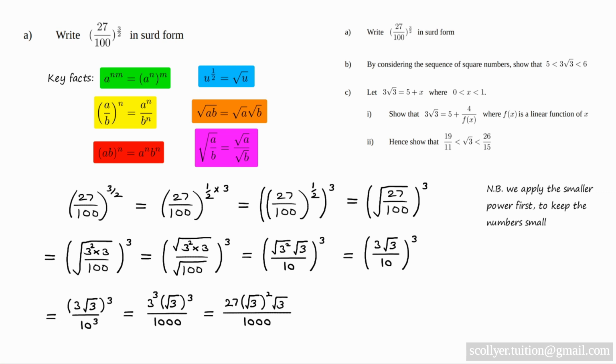And 3 cubed is 27. We split up √3 cubed into √3 squared times √3, to produce 27 times 3√3 over 1000, since √3 squared is 3, which finally simplifies to 81√3 over 1000.